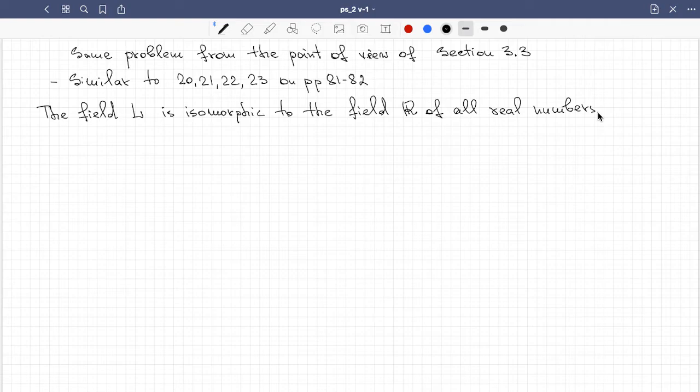Moreover, as soon as we get that, we will not need to prove that L is actually a field.